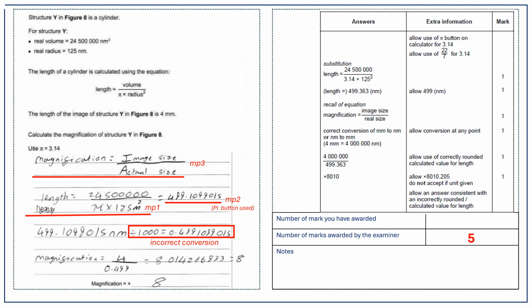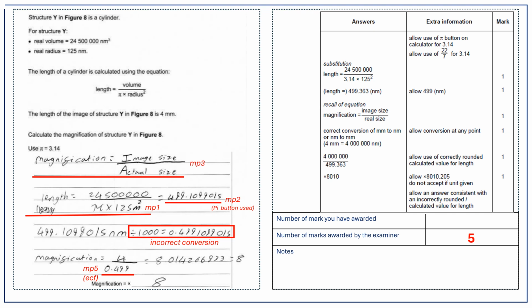Marking point 5 is for correctly substituting their calculated values into the magnification equation. The student has done this correctly. Notice that they have rounded their answer from the previous step. They have correctly rounded that, so they are allowed marking point 5 because that error from earlier in their answer has been carried forward.